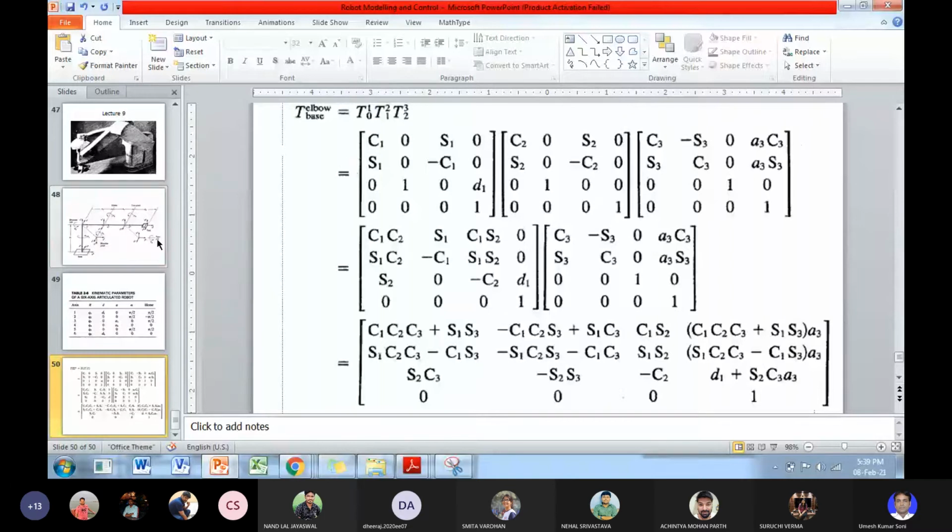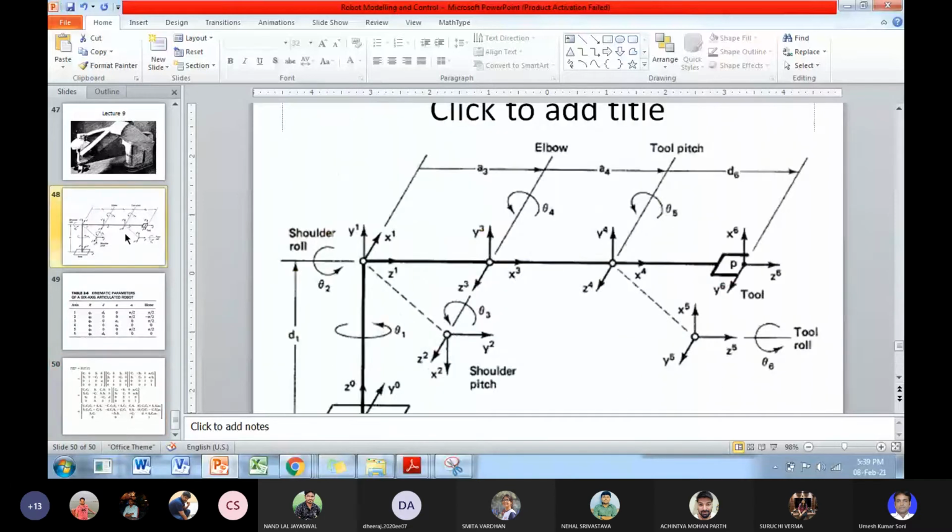Here roll axis relative to base axis, and this shoulder pitch is transformed to the shoulder roll axis, and this elbow is transformed to the shoulder pitch. One transformation, second transformation, and third transformation. Okay, so this is pre-multiplication.